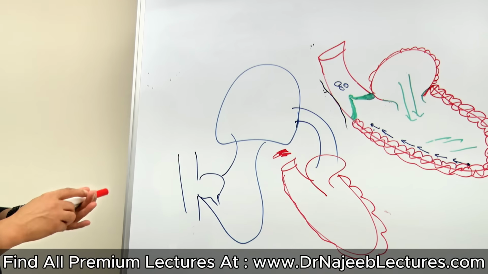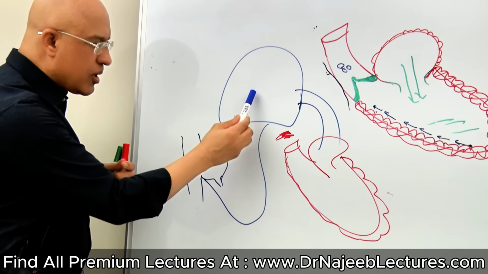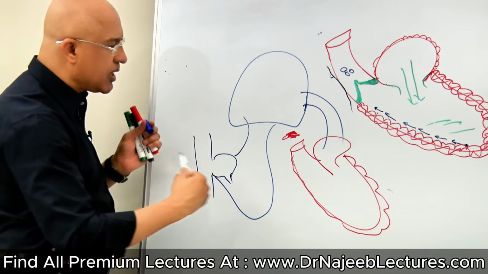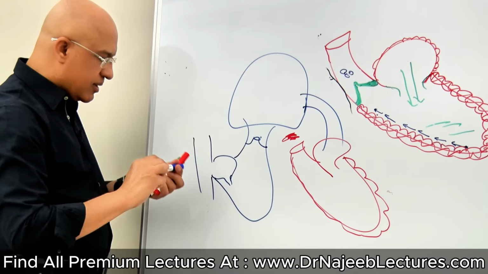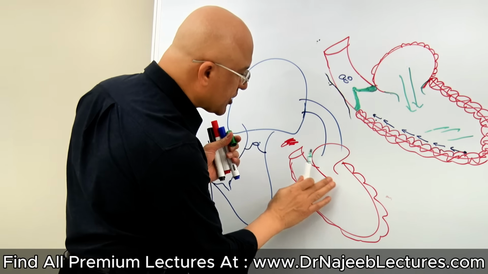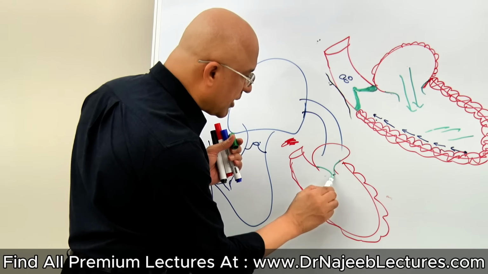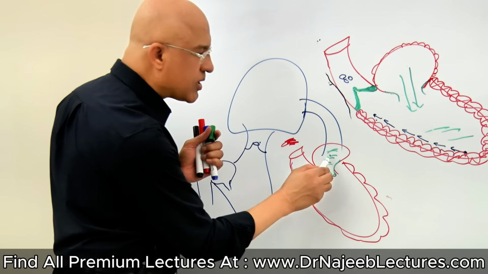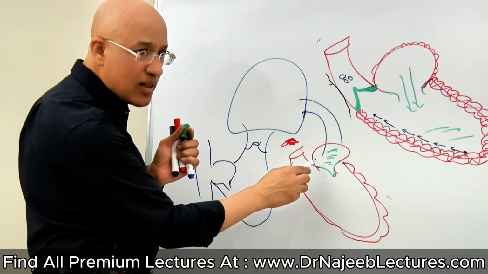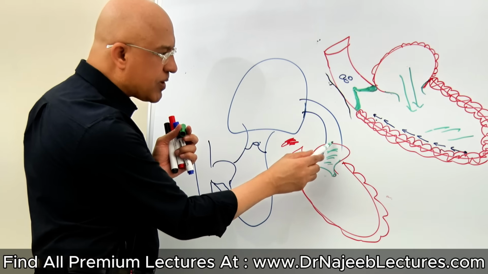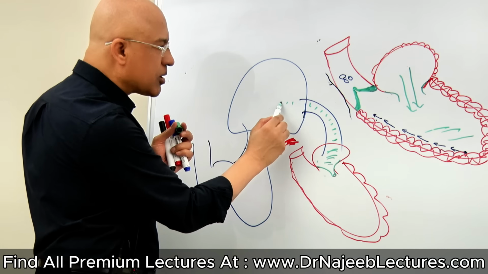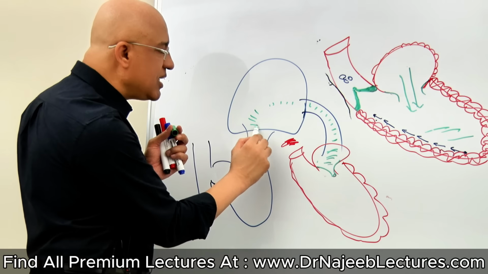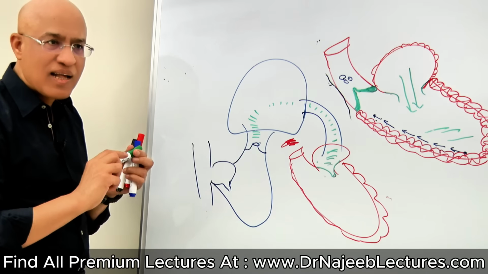But if there is resistance to outflow of the right heart, for example, there is pulmonary stenosis, or there is mitral valve stenosis, because a patient with mitral valve stenosis has high pressure in the left atrium, then back pressure increases into the pulmonary veins, pulmonary capillaries, and eventually pulmonary arteries, right?